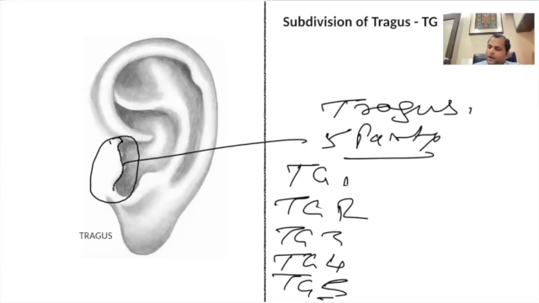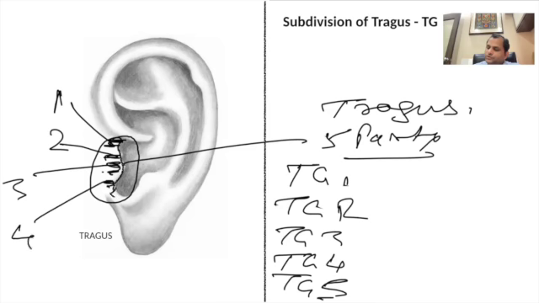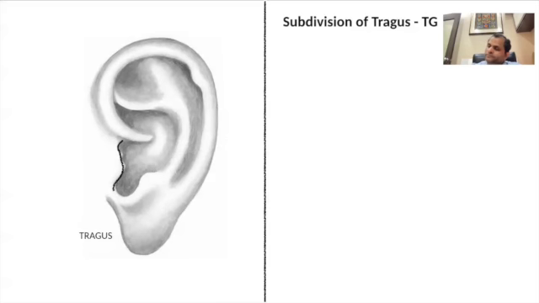So the upper one is tragus 1, then tragus 2, then tragus 3, then tragus 4, and tragus 5. तो ट्रैगस को हमने 5 भागों में बांटा.